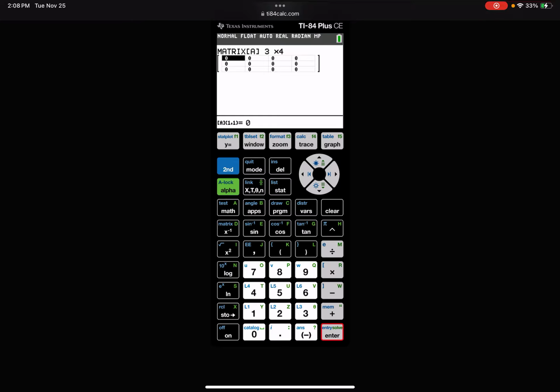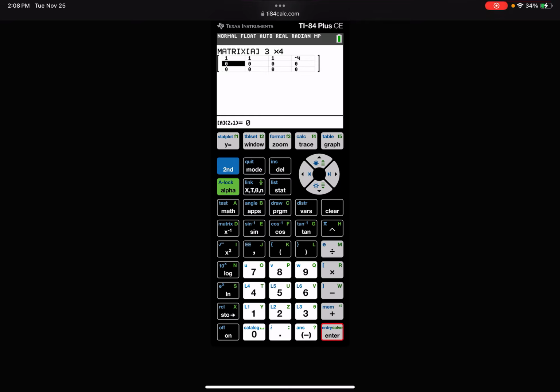Then it populates this 3 by 4 matrix for you, and we can enter each entry now. It's highlighted on that first entry of 0, and I want to change that to a 1, so I type 1 and then hit enter. 1, enter, 1, enter, -4.